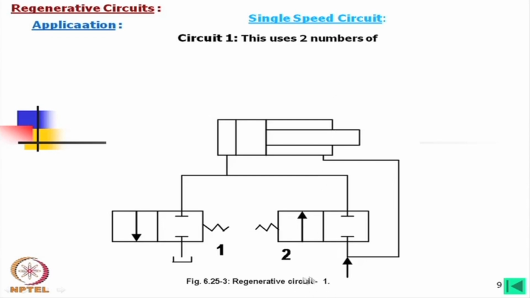Now, we will discuss a few circuits. In this circuit we have used two 2 by 2 DC valves. You understand the symbols of the 2 by 2 DC valve. How does it operate?